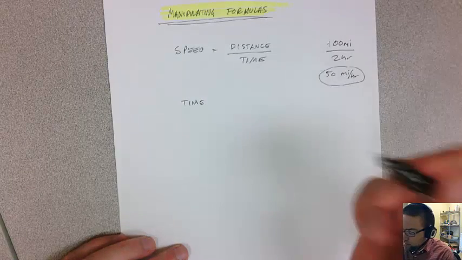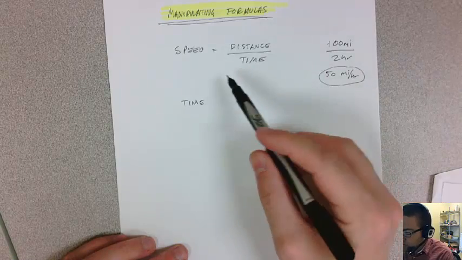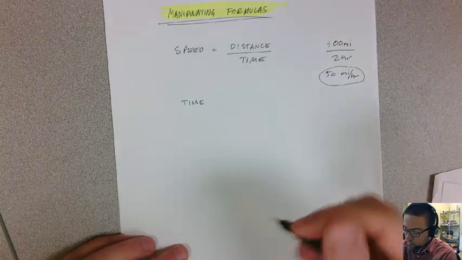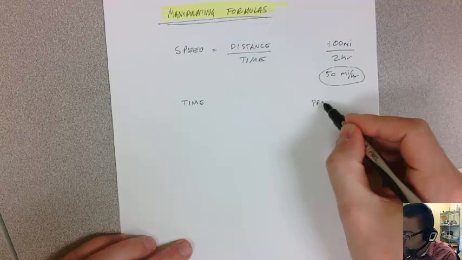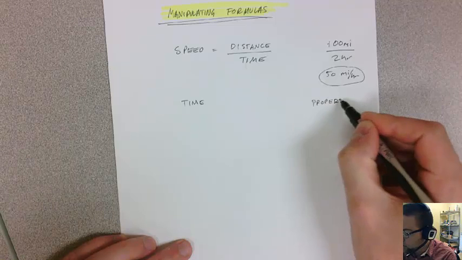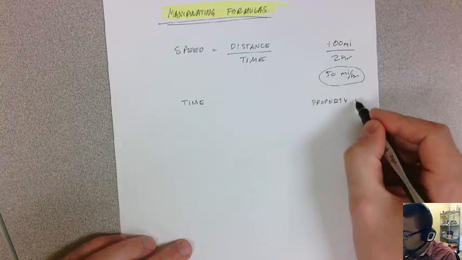So the way you do that is just like you would solve any equation: you follow the rules of math, the properties of equality. Whatever you do to one side of the equation, you must do to the other.